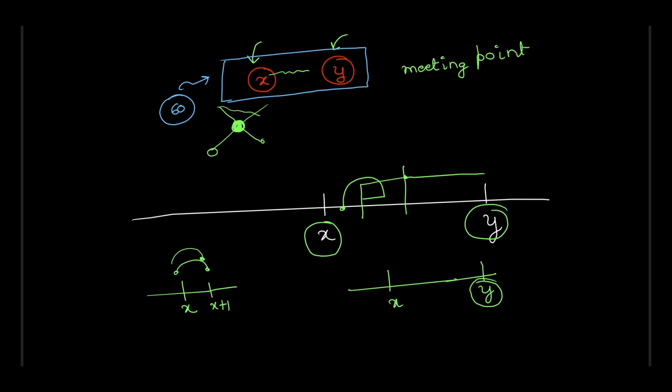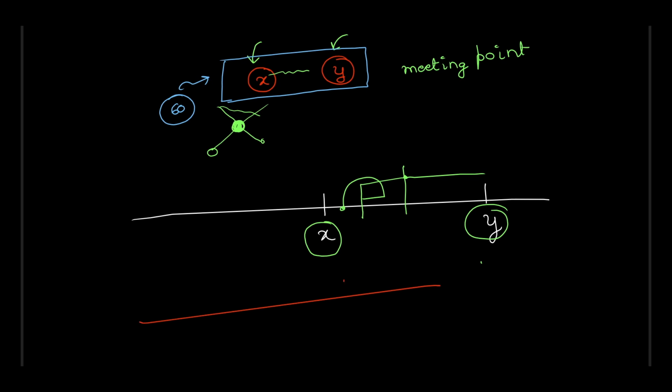Otherwise, suppose y is not on the right hand side. If y is not on the right hand side, it means that y is on the left hand side. If this is x, then this is y. But you can flip that same argument around and say that okay, x is on the right hand side, so you have to keep on decreasing x, right?